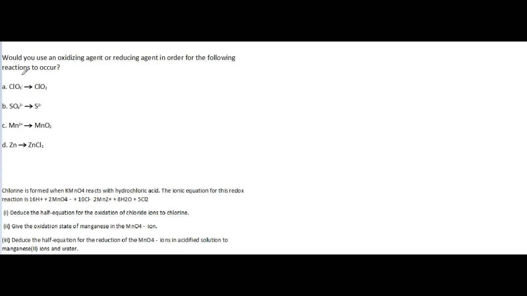Oxidizing and reducing agents: oxidizing agents reduce things and reducing agents oxidize things. So we need to look at what exactly happened here. On this side we have ClO3 minus, and over here we have ClO2. You have to see if this was reduced or oxidized. We can do that by calculating the oxidation state of the chlorine on both sides, because we know the oxygen won't change.